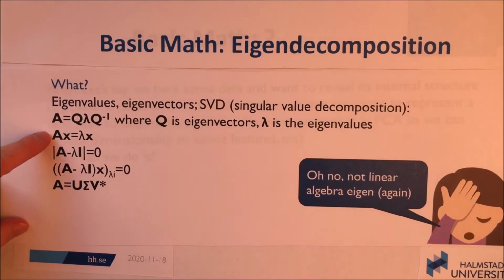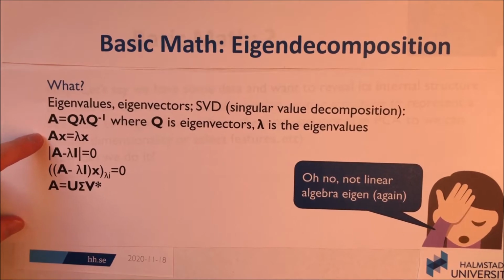This is the characteristic equation. So if we have this matrix A that we're analyzing and we multiply it by an eigenvector, it will equal an eigenvalue times the eigenvector. And when we want to find the lambda, the eigenvalues, we can use this equation over here.